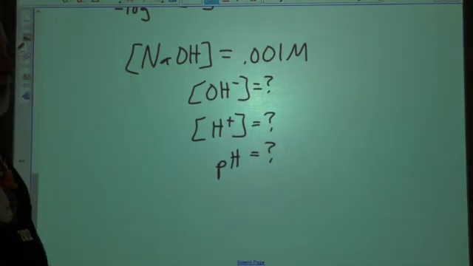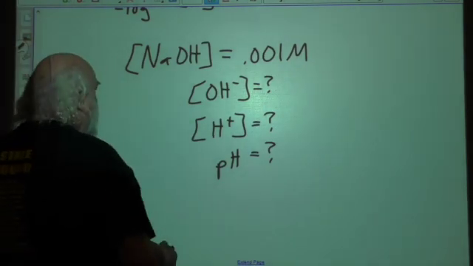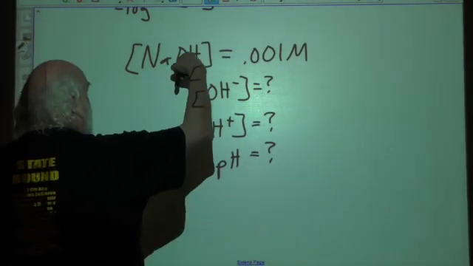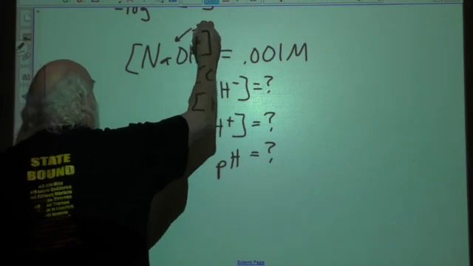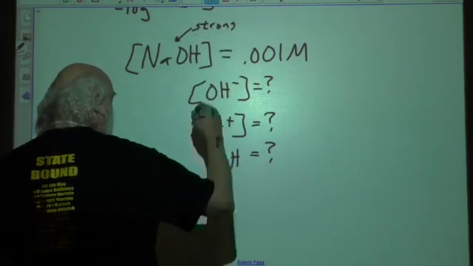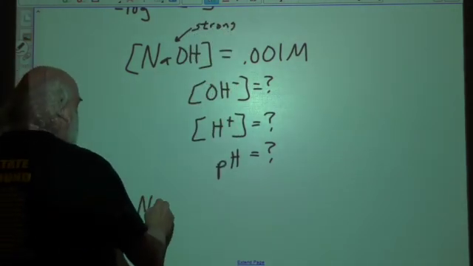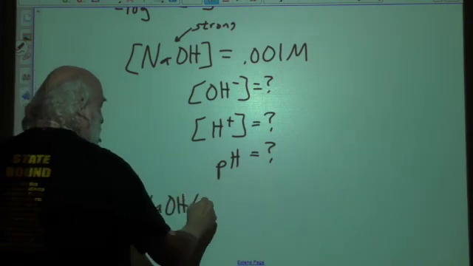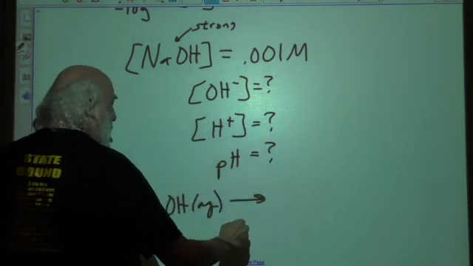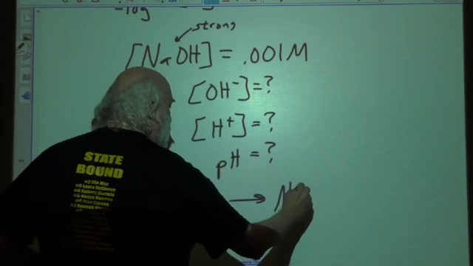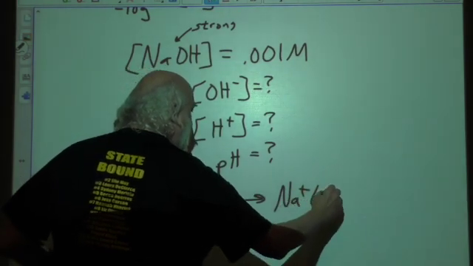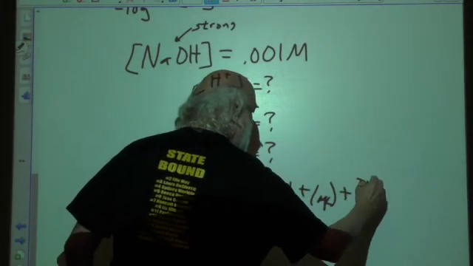Okay? So, well, sodium hydroxide is strong. So that means that NaOH, when dissolved in water, is a single arrow reaction, creating all the sodium you can get out of that and all the hydroxide you can get out of that.